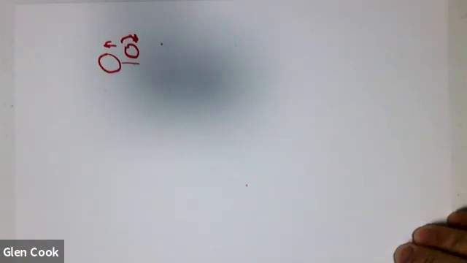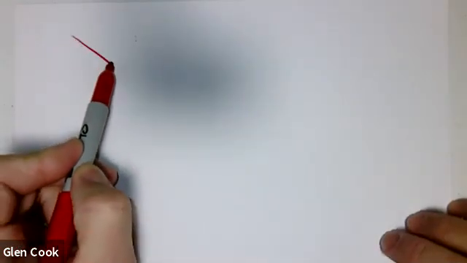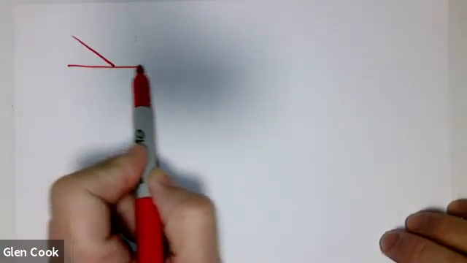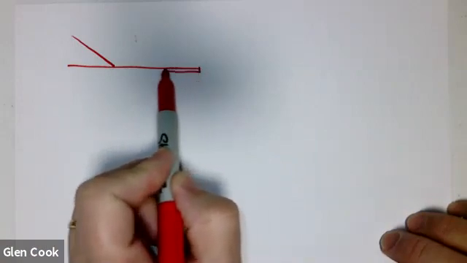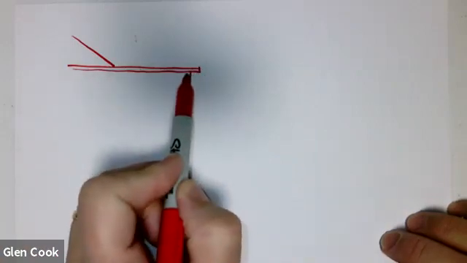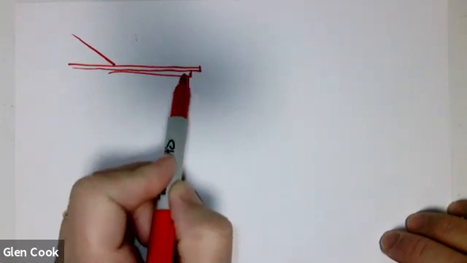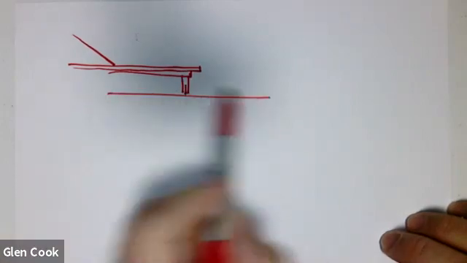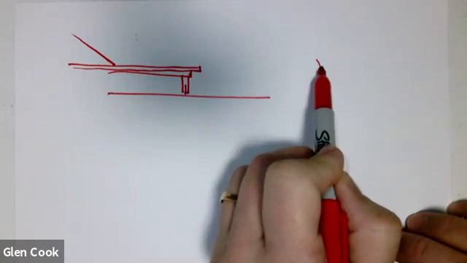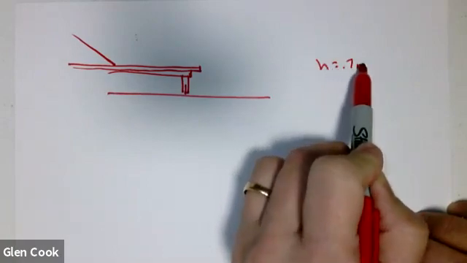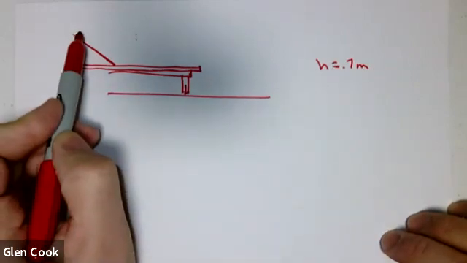Okay, so let's take a problem that is a lab. You've done this in a sense. I have a table. We'll say that the height of the table is 0.7 meters, just for fun. And we've got a ball.